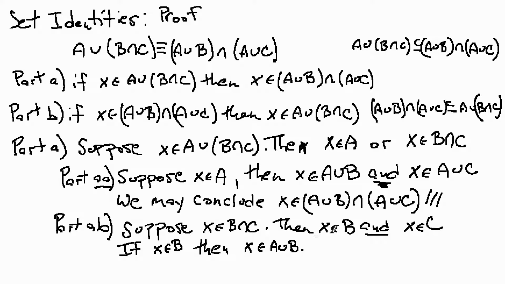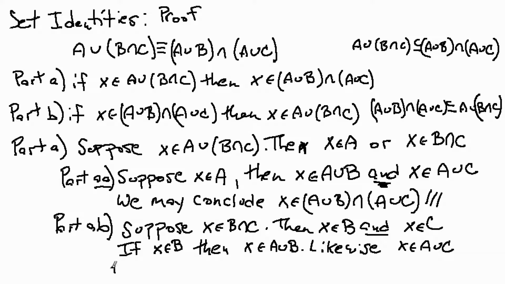And similarly, if X is contained in C, then X is contained in A union C. So likewise, X is contained in A union C. And now I have X is contained in A union B and X is contained in A union C.